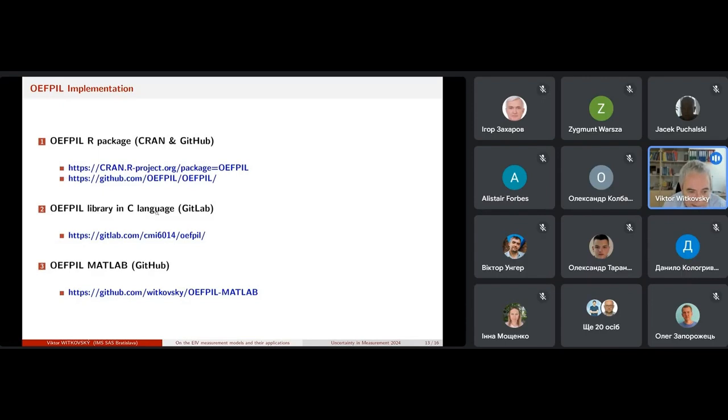The implementation in language C is available at GitLab at this address. And the MATLAB version, of which I am the author, is available at GitHub at my link. And if you search Google for OFPL MATLAB, you will find directly this link where it is completely implemented.